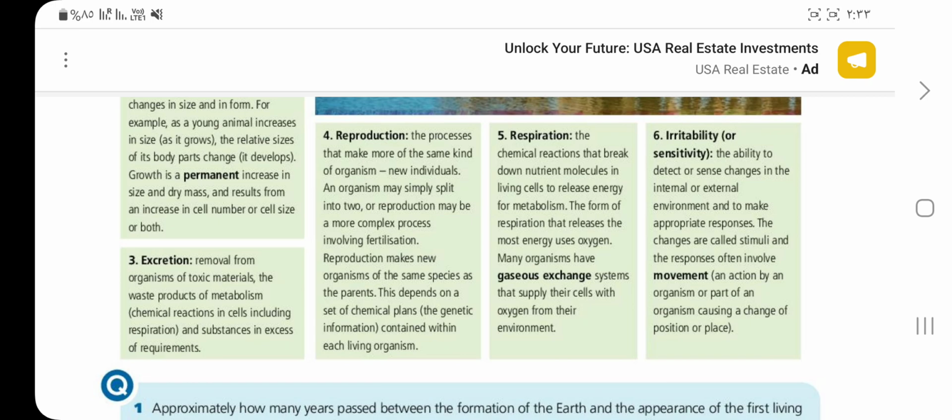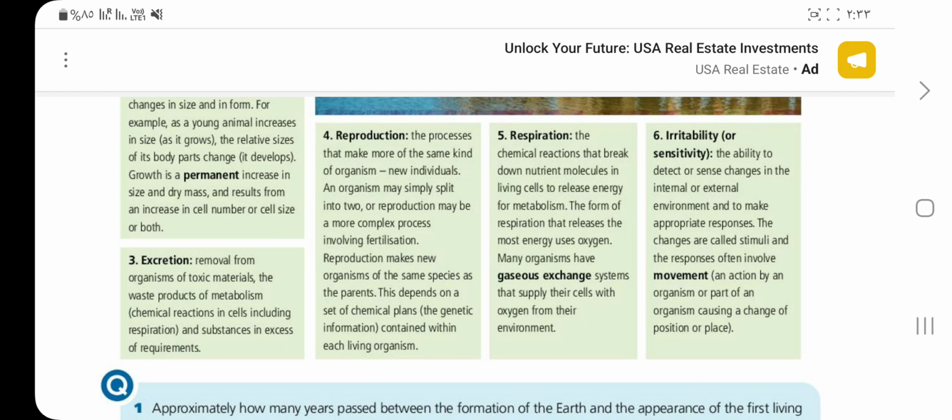Definitely, reproduction depends on what? The genetic information contained within each living organism. Again, reproduction is a process that gives us new organisms by two routes.